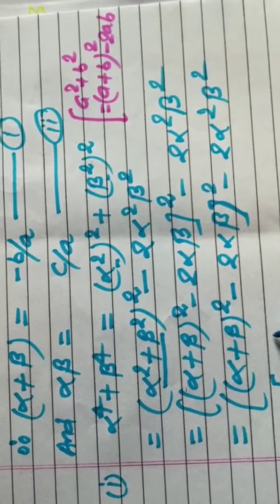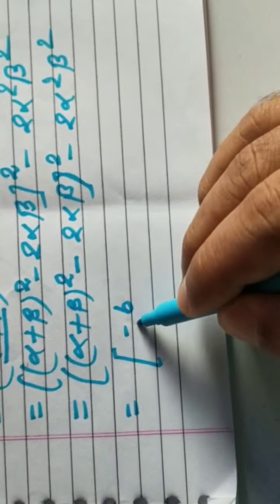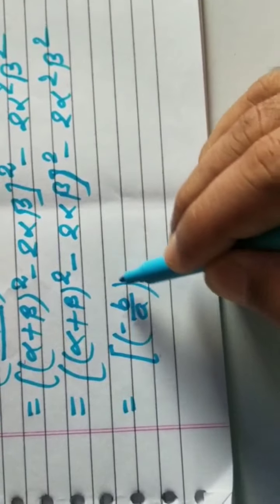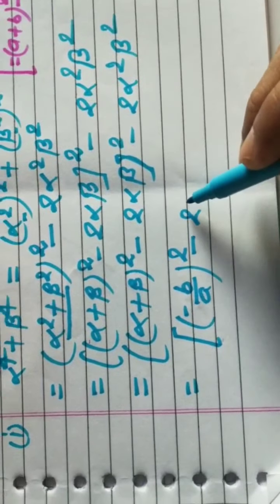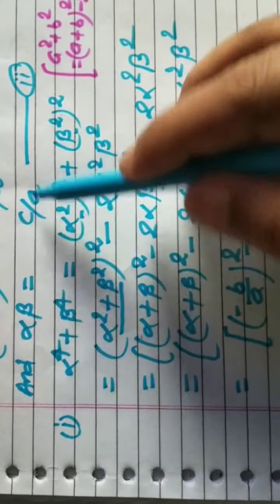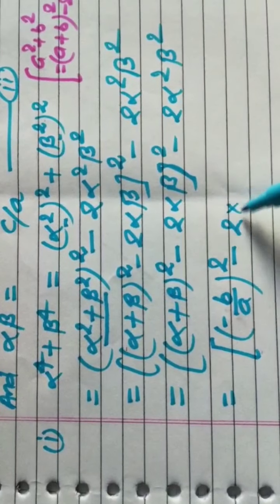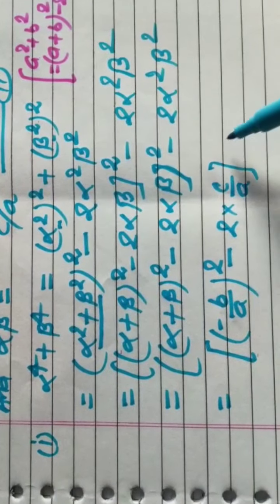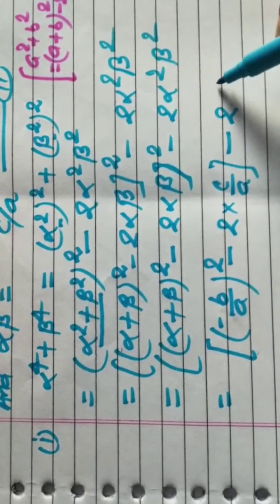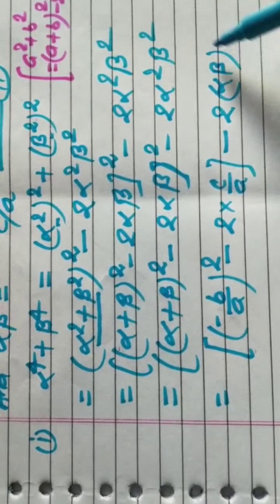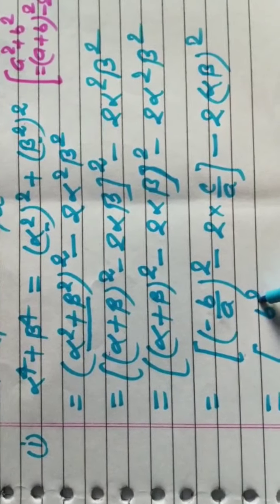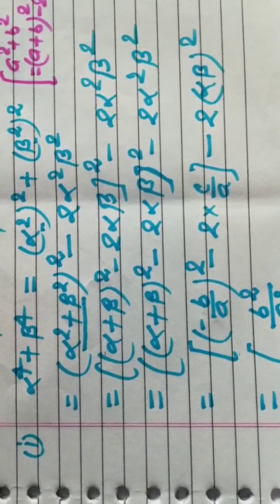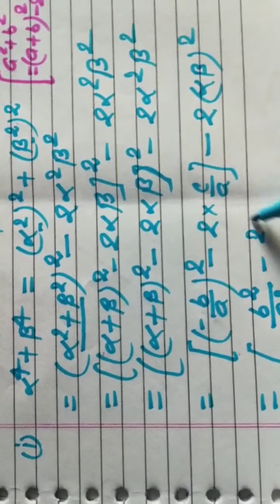So write here (minus b upon a) the whole square minus 2 into alpha beta. The value of alpha beta is c by a. So it will be c by a minus 2. It can be written as alpha into beta the whole square. So it will be b square by a square and minus 2c by a.